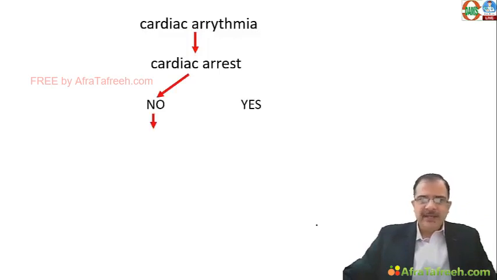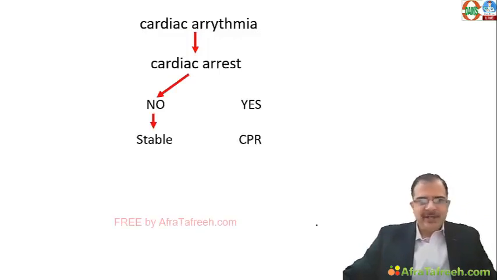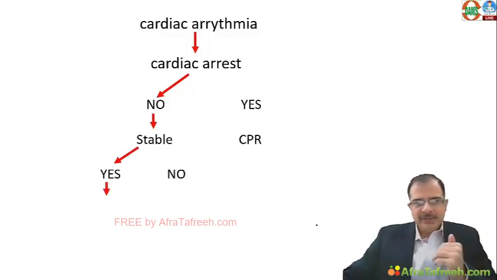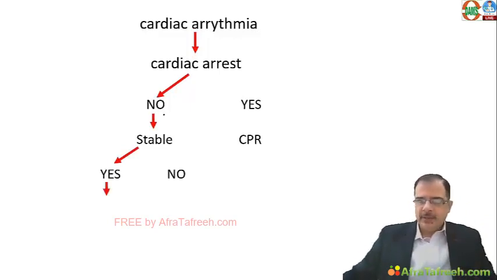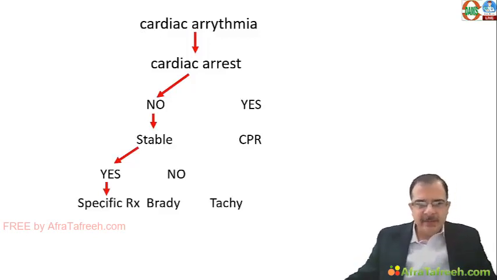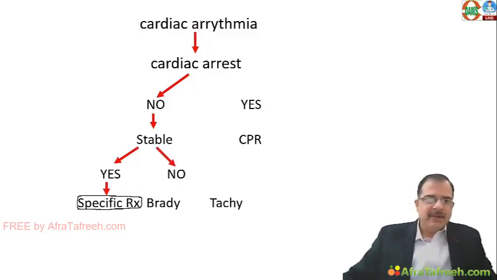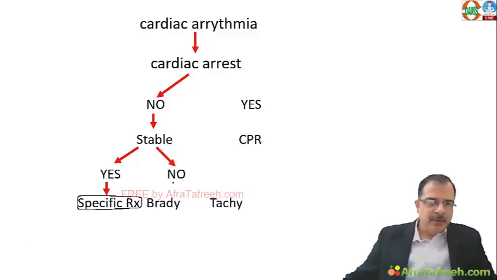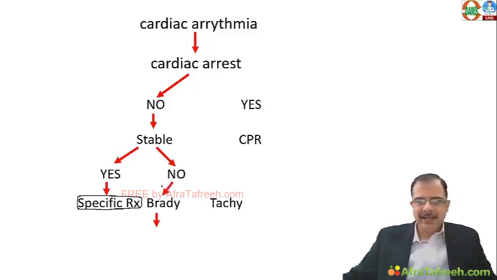If the answer is no, the patient is stable and cardiac arrest is not present, then specific treatment should be done. While if the patient is not stable, look at whether it is a bradyarrhythmia or a tachyarrhythmia case.